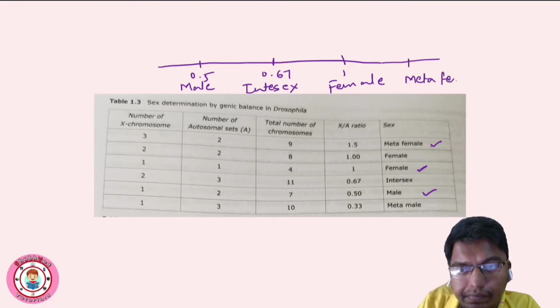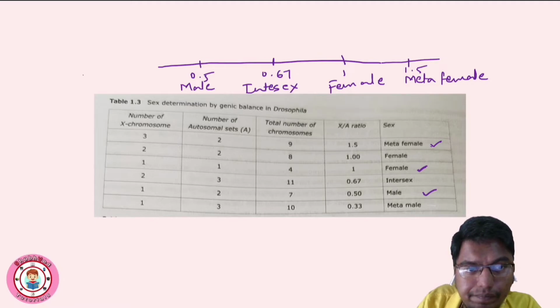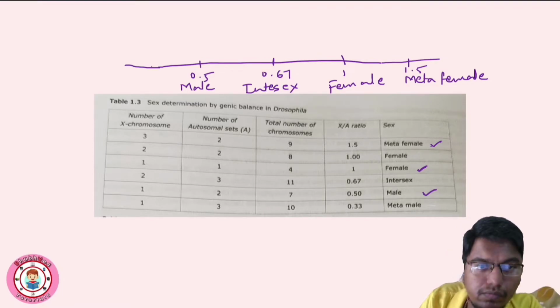Beyond 1, suppose I draw 1.5 here, it is meta female. Beyond 0.5, that is 0.33, suppose this is meta male.